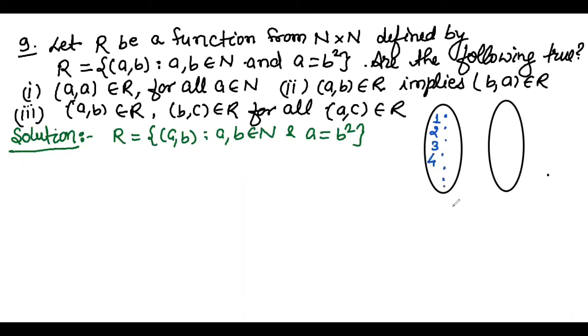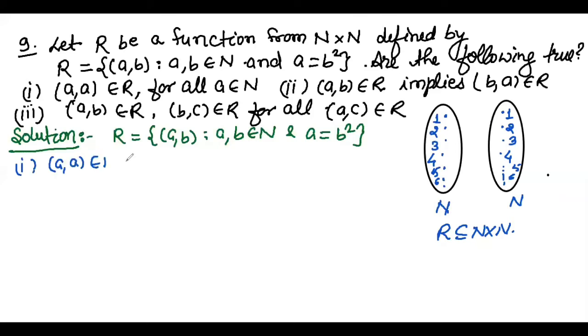This is the set of natural numbers, this is also the set of natural numbers, and R is from N to N. R is a subset of N cross N. Here also natural numbers 1, 2, 3, 4, 5, 6 and so on. In the first statement, it is given that (a, a) belongs to R for all a belonging to N. The condition is a = b square.